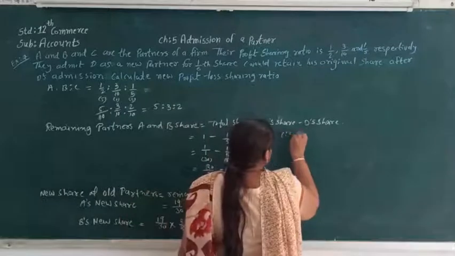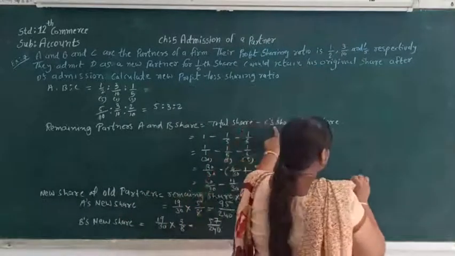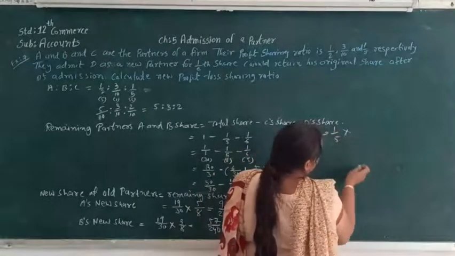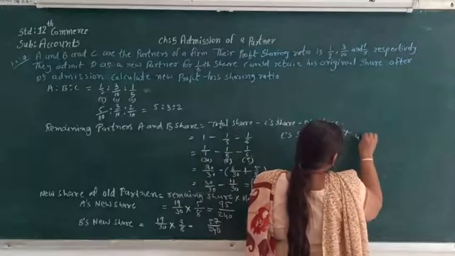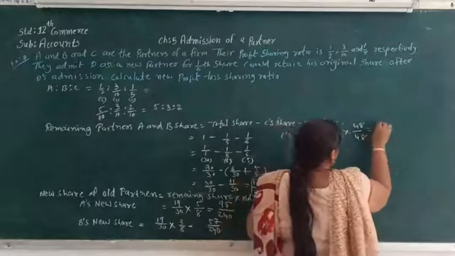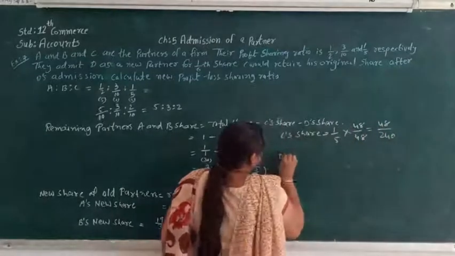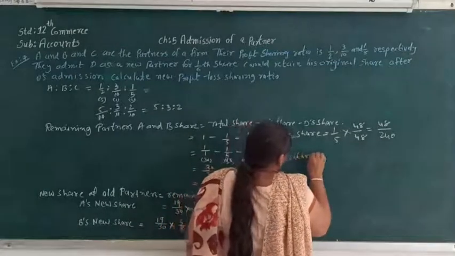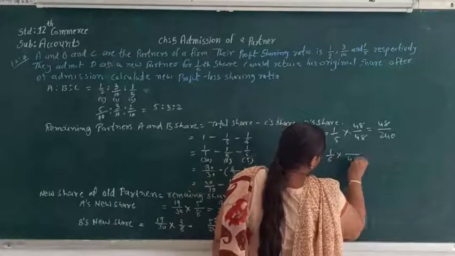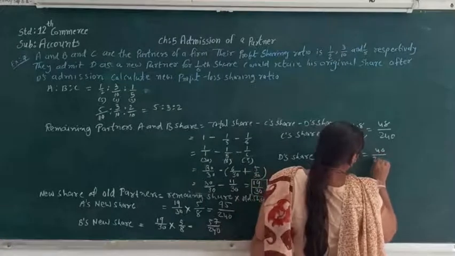So C's share is 1 by 5. So make the denominator same here. We have to multiply it with 48. So it will be 48 upon 240. And D's share is equal to 1 by 6, and it must be multiplied by 40. So it will be 40 upon 240.